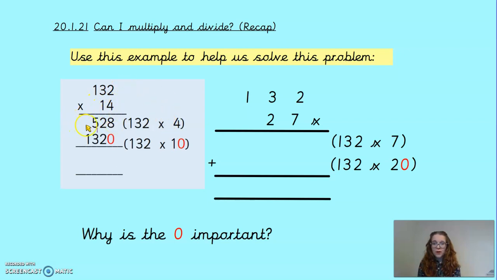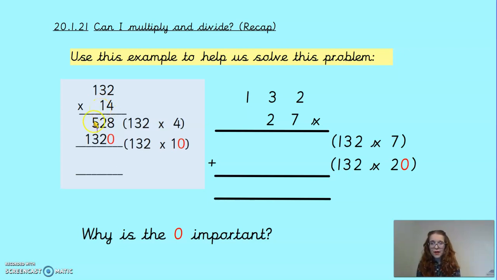So the first row is linked to our ones column, which is our 4 in this case, so 14. And we've done 4 times 2, which is 8. 4 times 3, which is 12, and we've carried that one over. And then we've done 4 times 1, which is 4, but then we've added our 1 to make 5. Then we've come down to the second row, and we're now doing the 1 from our tens column.